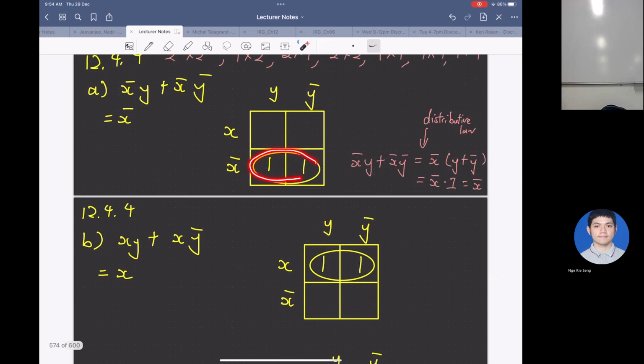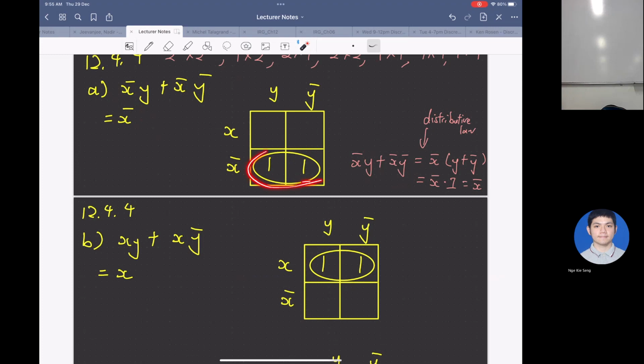If you have x y, x bar y bar, you can form the block of 1 times 2, and then you can simplify it to just x bar, because you can see it from the algebra, right? You can use distributive to pull out the x bar, and then y plus y bar is just 1. So x bar times 1 is x bar. Make sense?